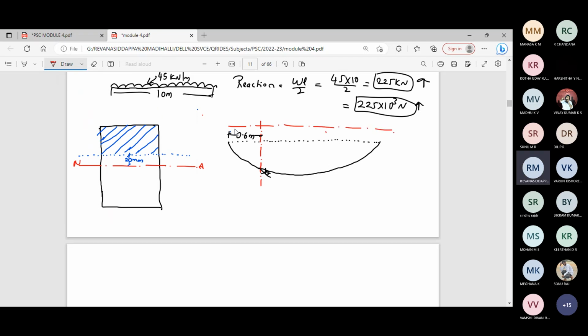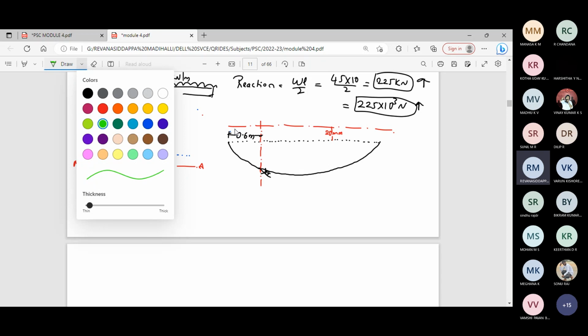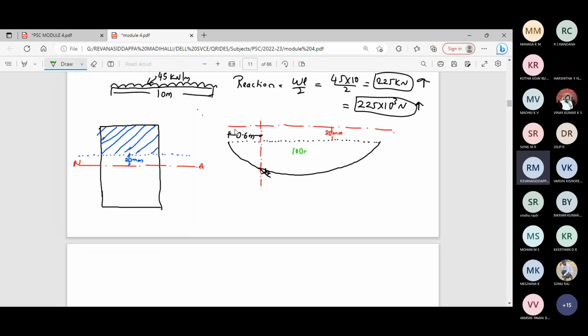This distance is 20 mm. The eccentricity at the midspan is 100 mm in total, and the eccentricity at the support is 20 mm.